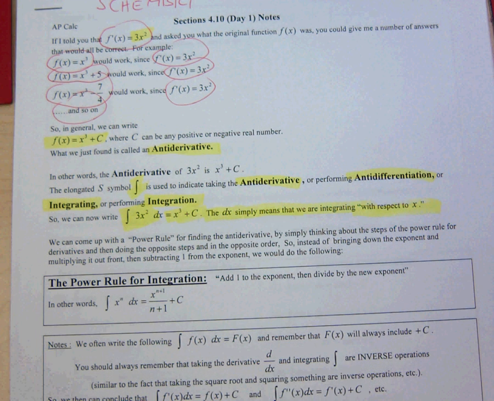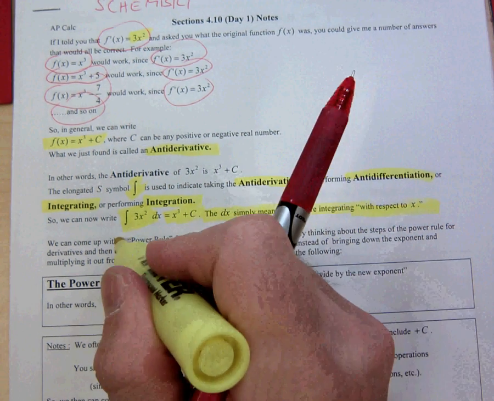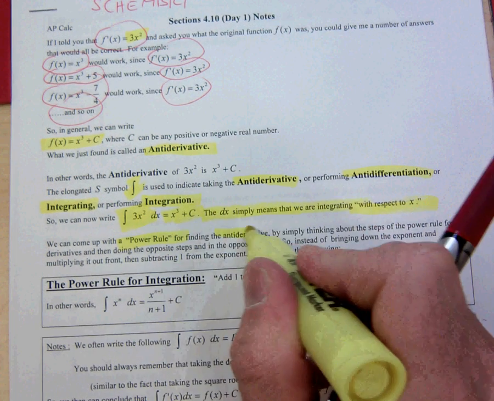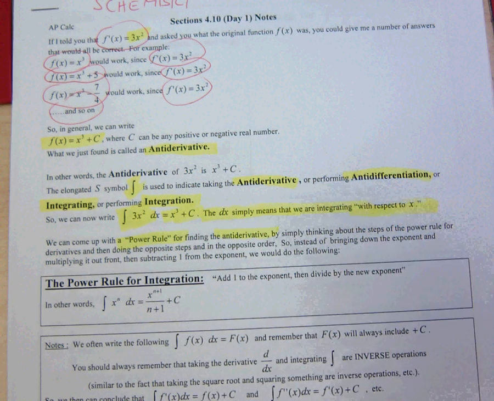So we don't always have to think backwards on a case-by-case basis. We need to come up with a rule, like how we had a power rule for derivatives. We needed something like that for integrals. If you think about what you did when you differentiated, you can come up with a power rule for antiderivatives by doing the following.